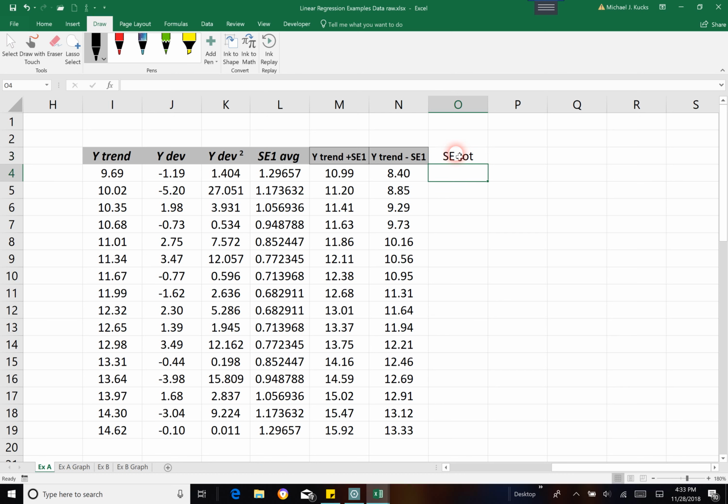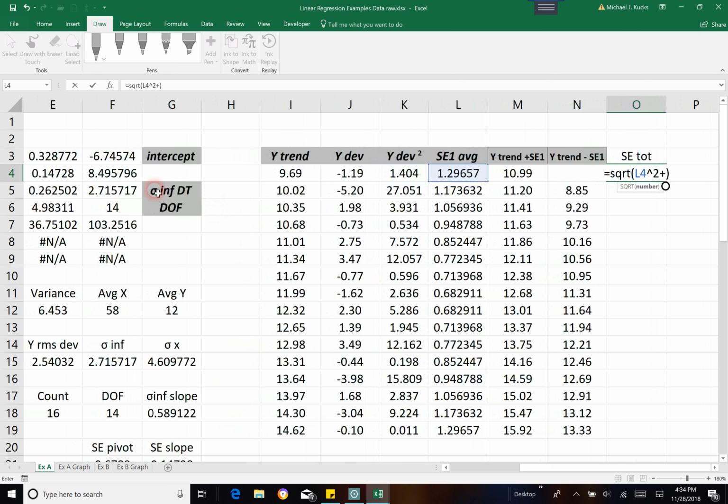So we're going to get SE total. Okay, this is going to equal the square root, and we're going to take our SE average, we're going to square it, plus our population inferred DT.